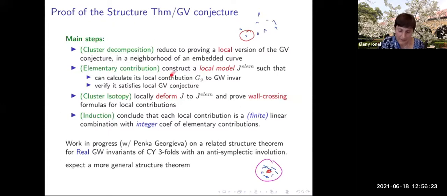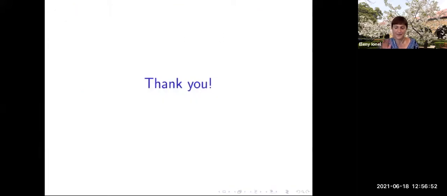Again, constructing this local model and calculating the contribution is highly non-trivial, and so we had to redo these calculations. They weren't available, and we had to do the calculation for the real Gromov-Witten invariants. But the finiteness should hold. The rest of the argument should carry through in that setting. And we expect a more general structure theorem, but exactly how it looks is unclear. So let me stop here. Thank you.